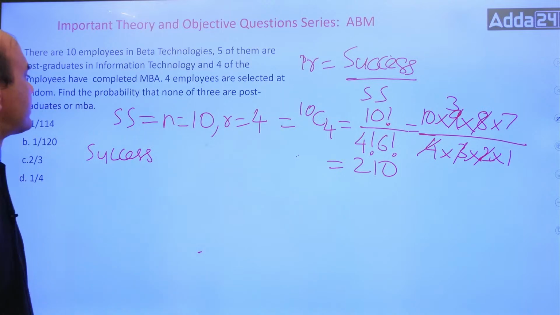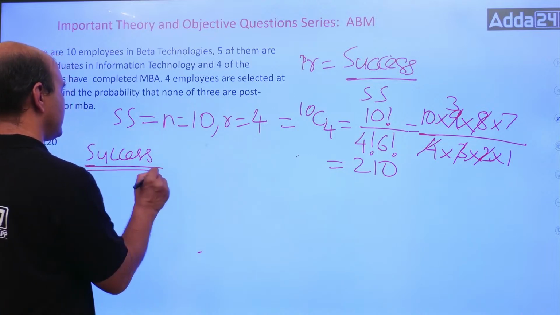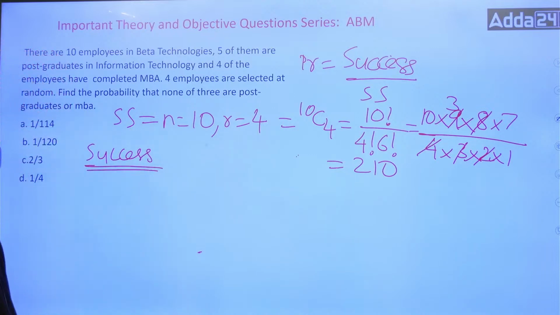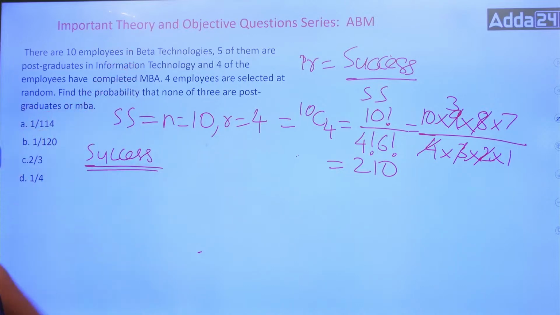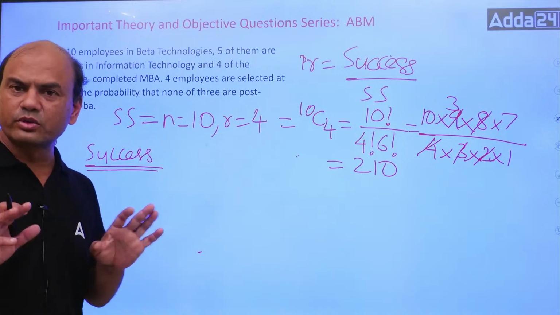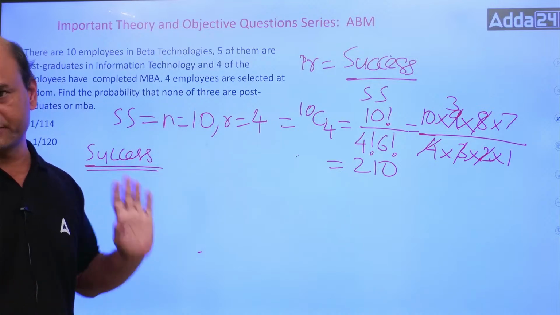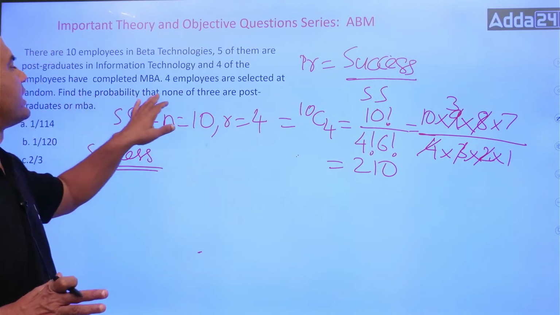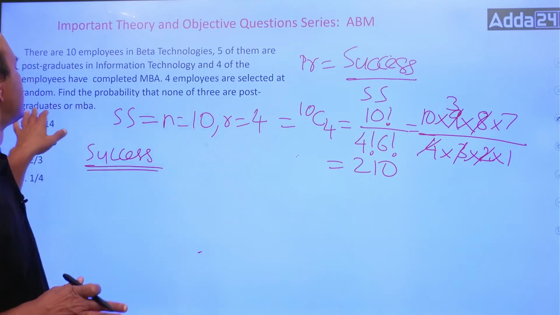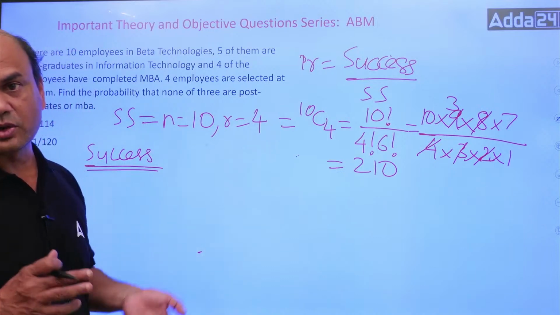So what is the success for getting the PG? How do I select a PG? 5 of them are PGs and I have to select 4. First, don't consider this negative part. Let's leave the negative part for the end. First let's find the probability that all of them are graduates or MBAs.